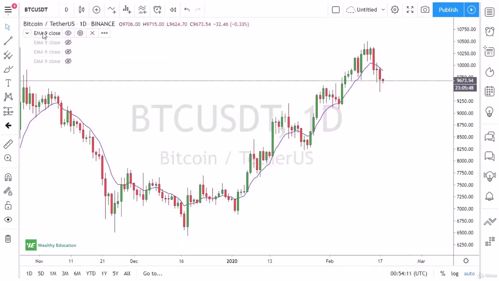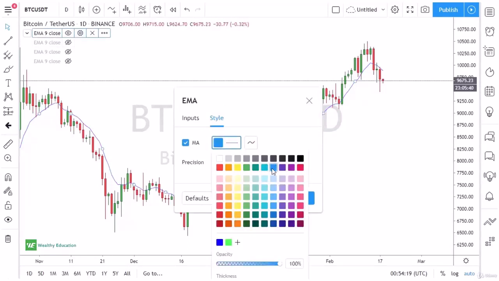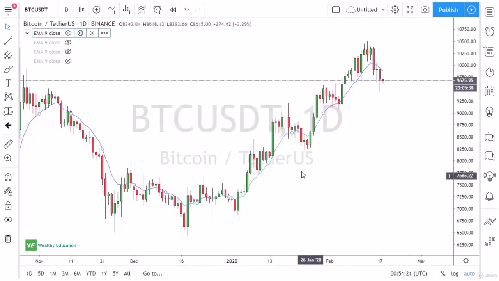And on this one, the EMA, exponential moving average, 9 period based upon the close, I'm going to change the color to blue. And okay. And you can see that the moving average does in fact go up and down with the average price of the close of the candlestick. Obviously, prices are rising here, so you would expect the 9 EMA to rise right along with it.